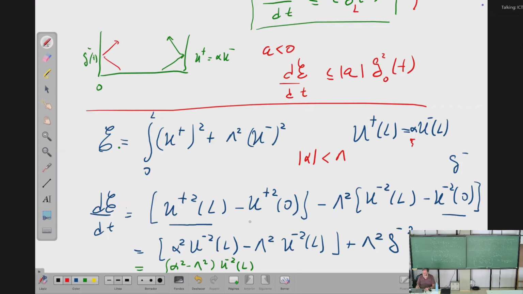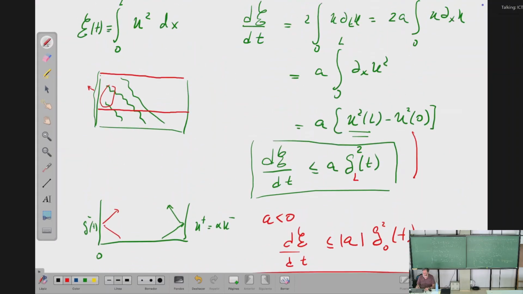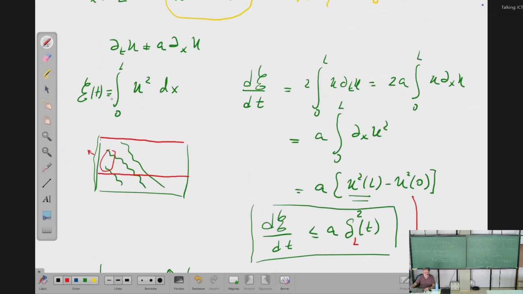Now what we have to translate is all these inequalities, all this part, to the discrete level, right? We need to perform some calculation like this for the semi-discrete system.